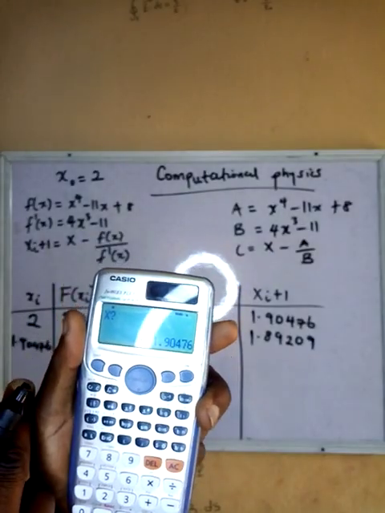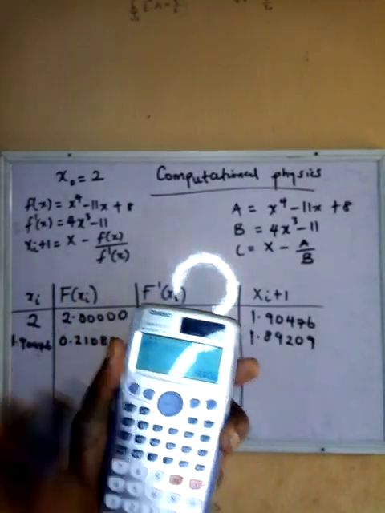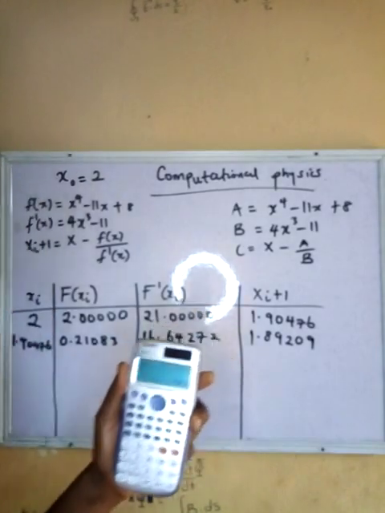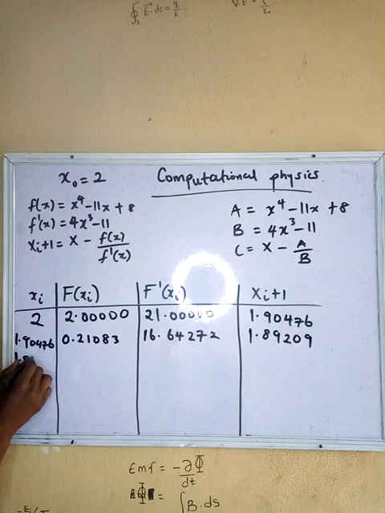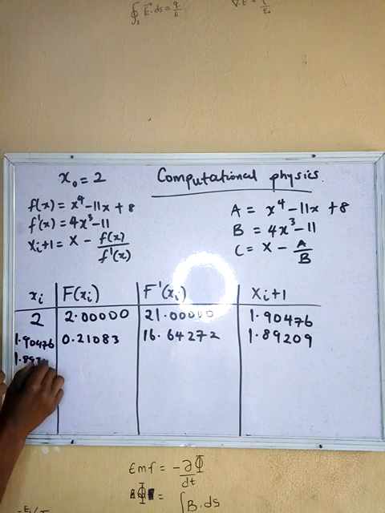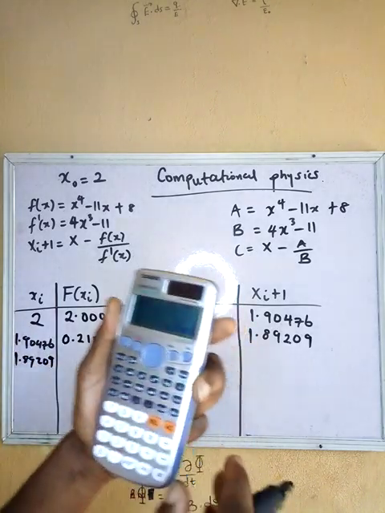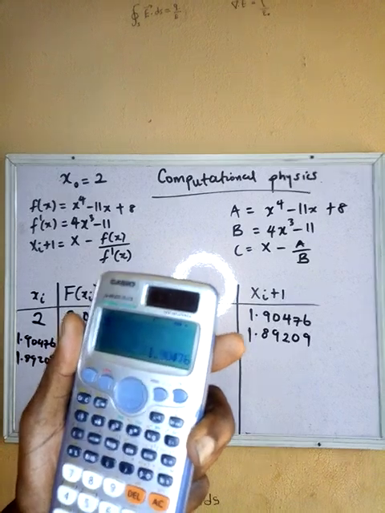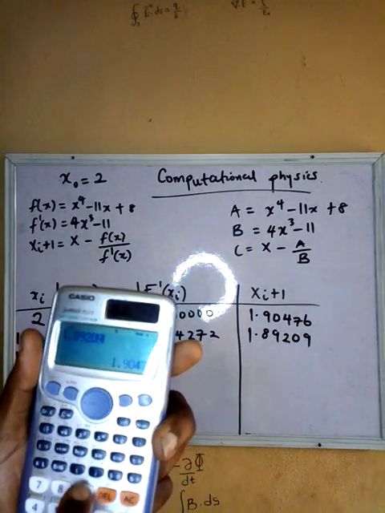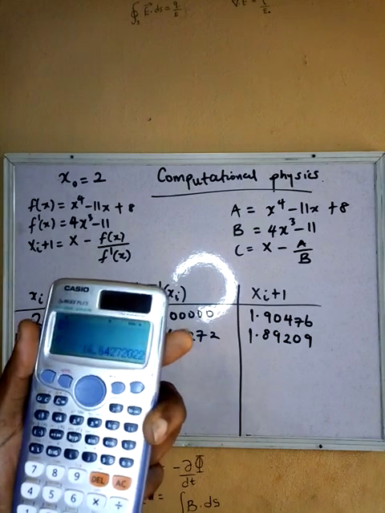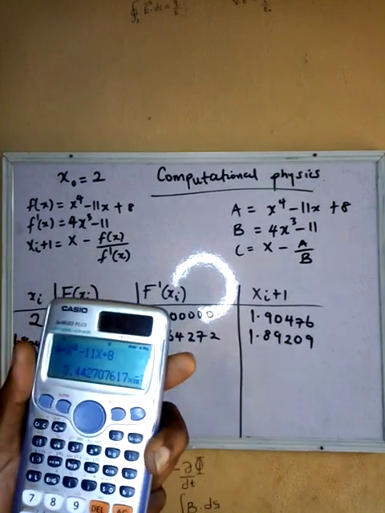What is the initial value of x? What you need to do is to enter the final answer we have gotten here as the initial guess here. So let's quickly write it here, 1.89209. So I'm going to enter it here, 1.89209. Then you press the equality sign until you have reached f of x.